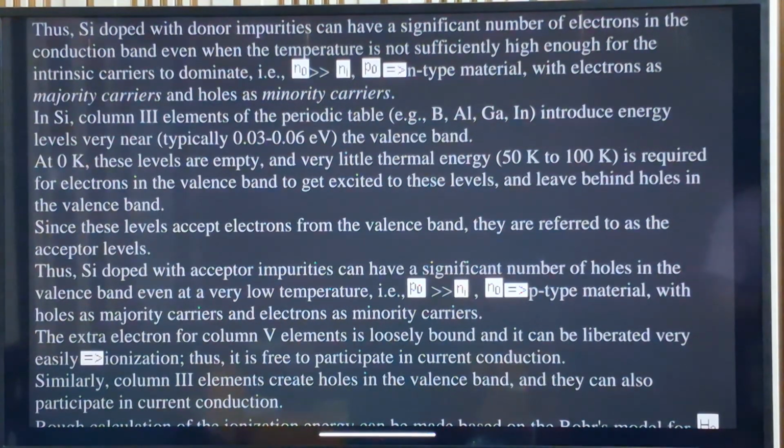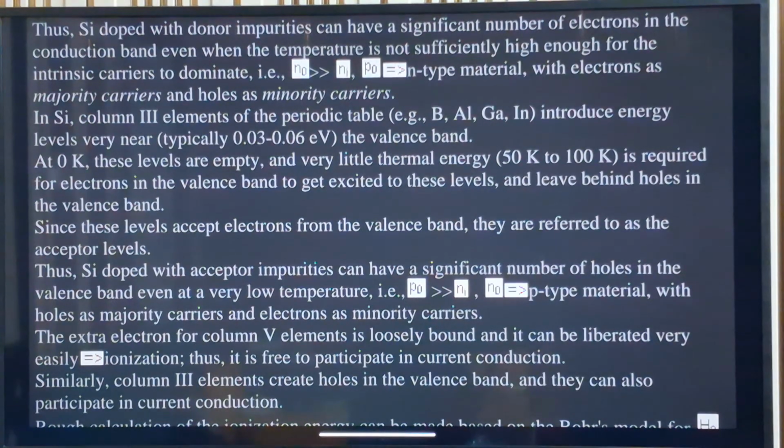The first thing is that when impurities are doped, even then at 0 Kelvin, the semiconductor will behave as a pure resistor. Second thing, once thermal excitation is provided to the semiconductor, electrons from the additional energy levels will very easily jump to the conduction band.